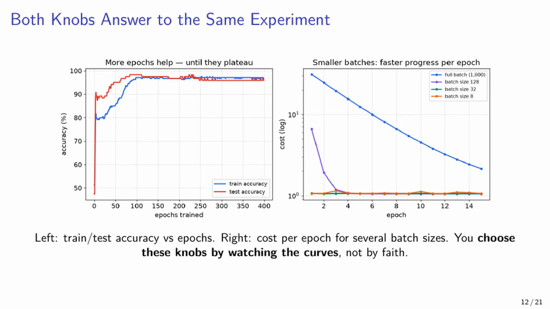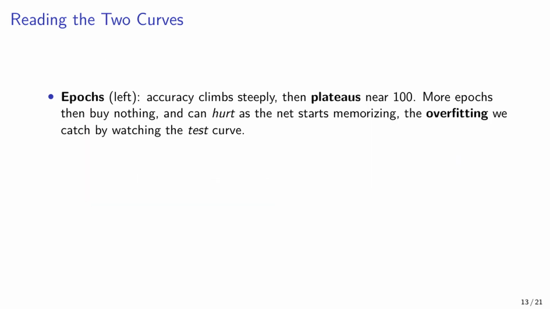Now, how many epochs and what batch size? Both knobs answer to the same experiment: train and watch the curves. On the left, train and test accuracy against epochs. On the right, cost per epoch for several batch sizes. Read the left first.